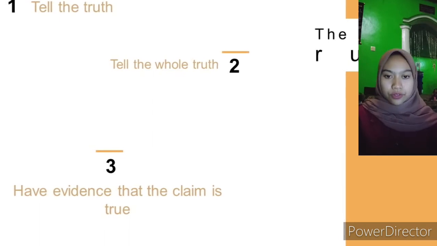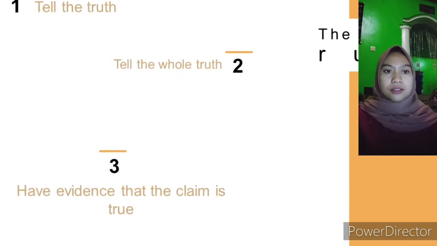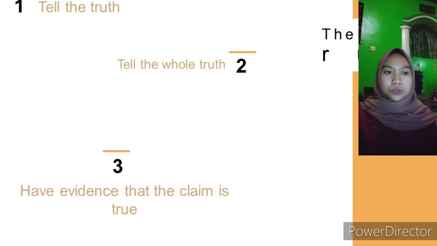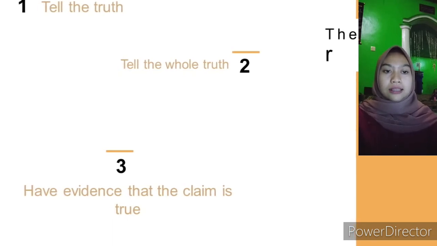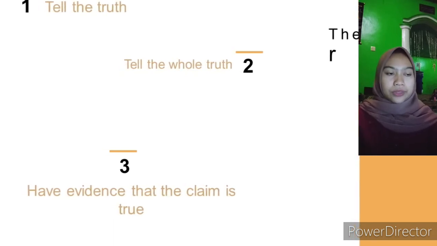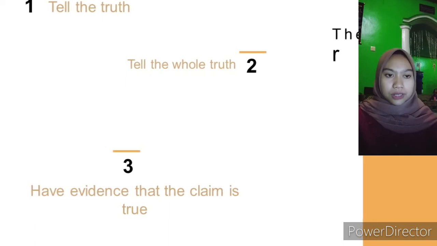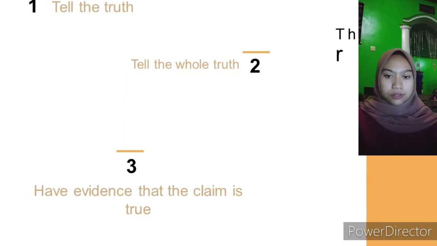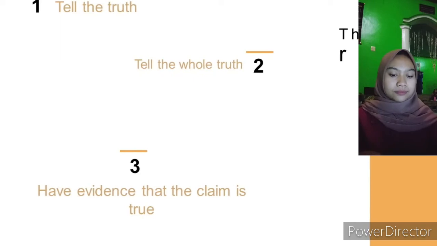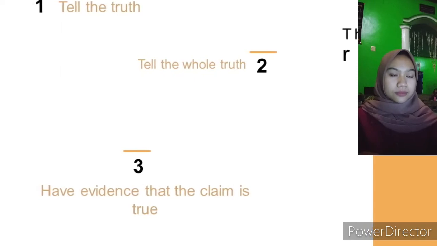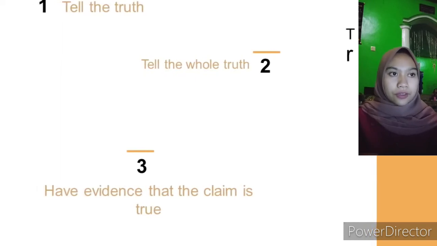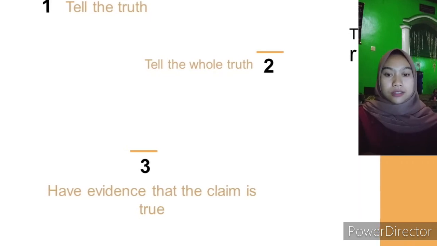Tell the whole truth. Advertisers cannot leave out information to create the impression that the claims are true, if including the missing information would make the claim false. And the last is have evidence that the claim is true.